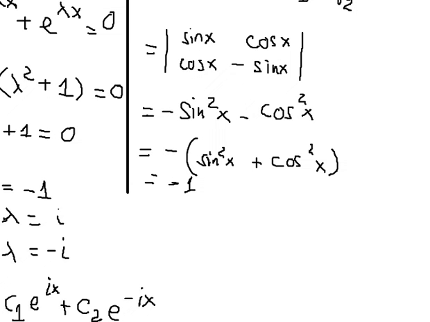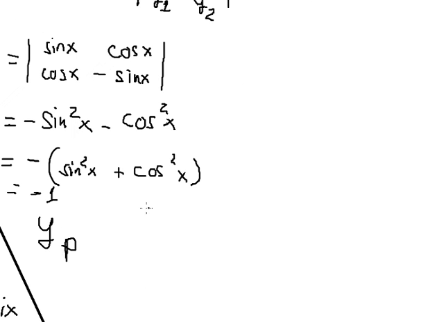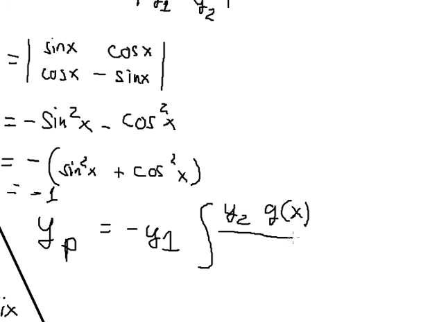Now we apply the formula. So this is the particular solution. So we have negative y1 times the integration of y2 times gs over the Wronskian of y1, y2, ds.